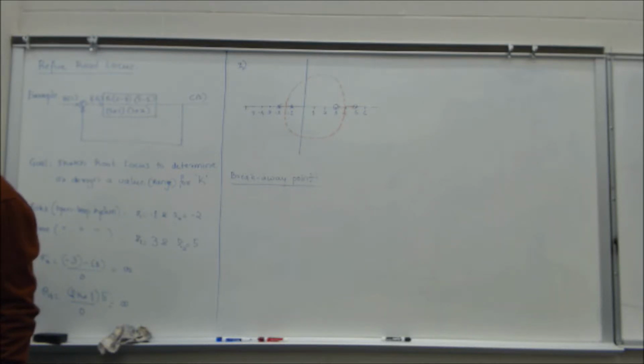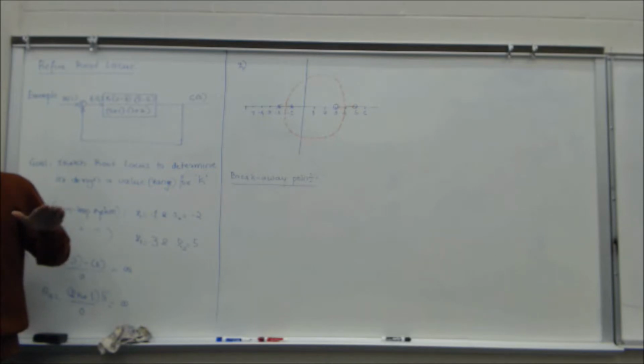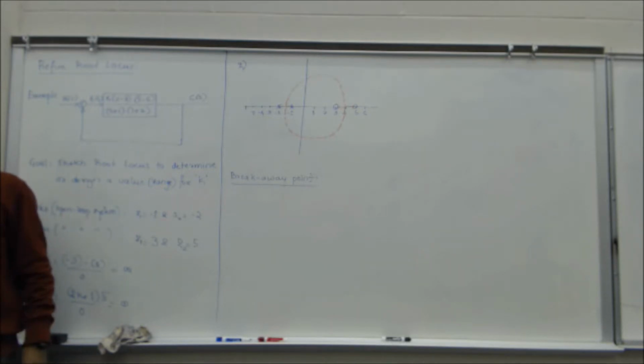It is pi by 3. For k equal to 1, it is pi. For k equal to 2, it is 5 pi by 3. If there were asymptotes, the root locus would be, what are asymptotes? The root locus approaches straight lines as asymptotes.